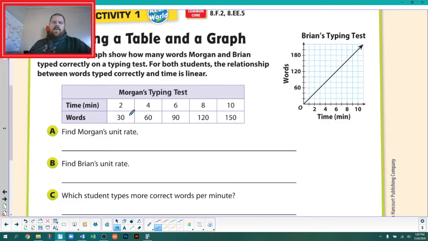So for Morgan, her value is given on the table. So we have 30 divided by 2, which is the same as 60 divided by 4, 90 divided by 6, and so on. To find the unit rate, she typed 30 words in 2 minutes. So that's going to be 15 words per minute.